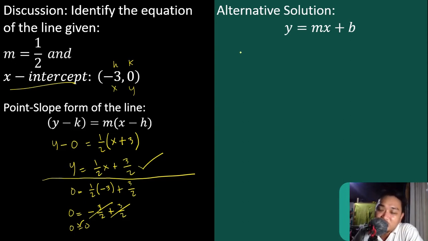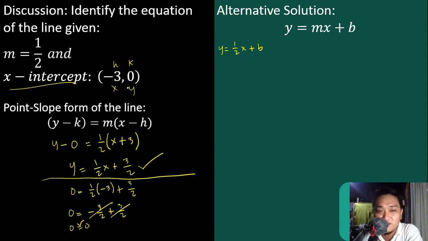Now, we have an alternative solution for that. Like what we did before, we make use of the slope-intercept form of the line. So, let's say we have y is equivalent to mx plus b. The slope is 1 half. That is the same as y is equivalent to 1 half x plus b. What we need to get is the value of b.